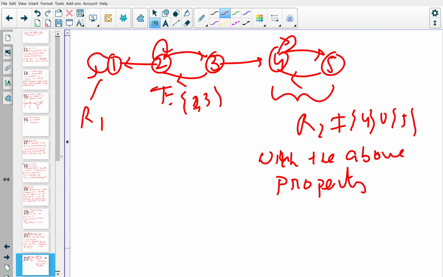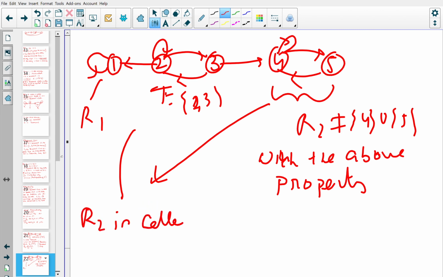Why can't you write it? Because if you start from 4, you may not go to 5, you may go to 4 itself. That violates the condition, and here R2 is called an aperiodic recurrent class.